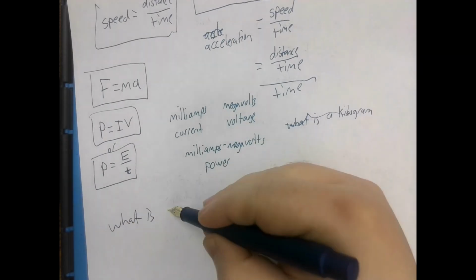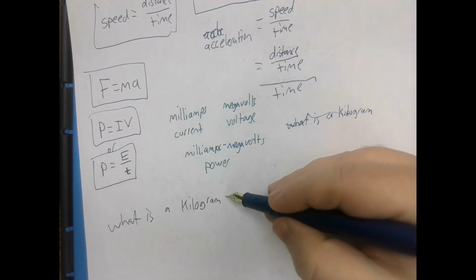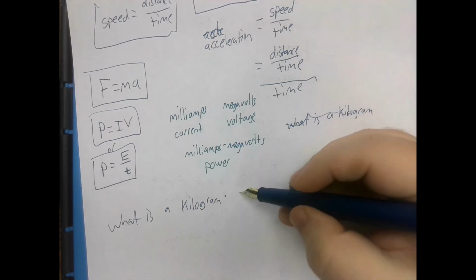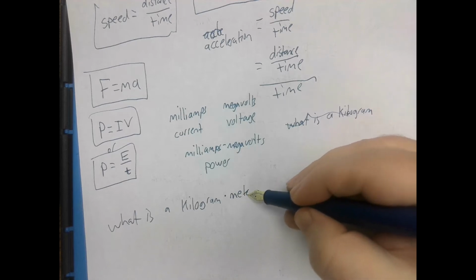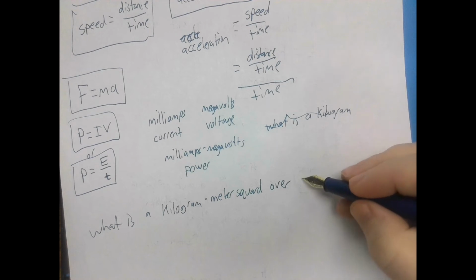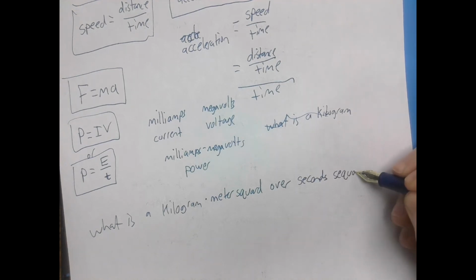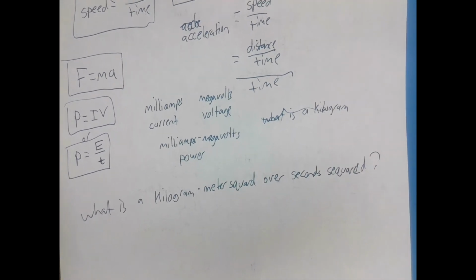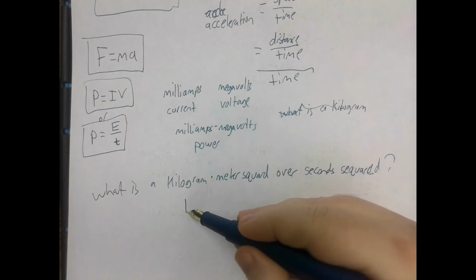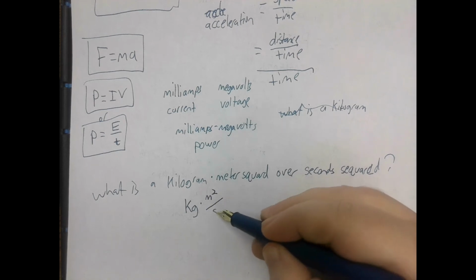What is a kilogram times meter squared over second squared? When given this, it's best to write it in the abbreviated version. So kilograms times meter squared per second squared.